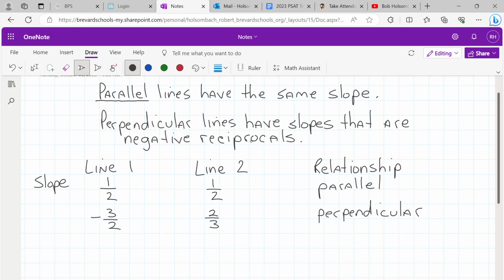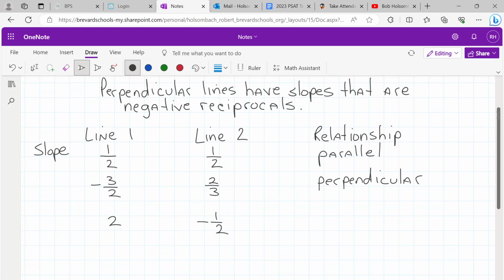When we're talking about negative reciprocals, that means the slope has to have the opposite sign and the numerator and denominator switched. Opposite sign, numerator, denominator switched. Negative reciprocals, perpendicular lines. So let's say that we have a line 1, it's got a slope of 2. And line 2 has a slope of negative 1/2. They're perpendicular, aren't they?